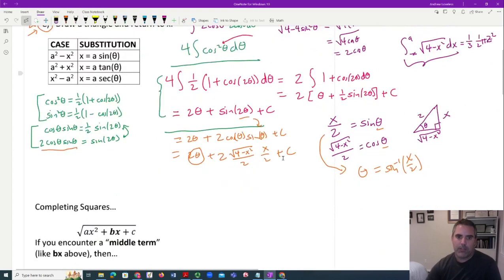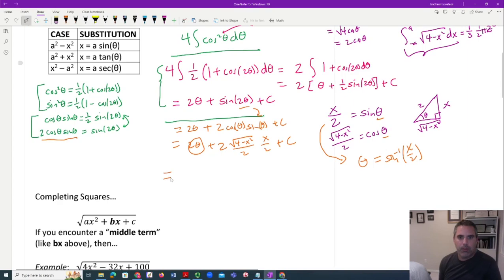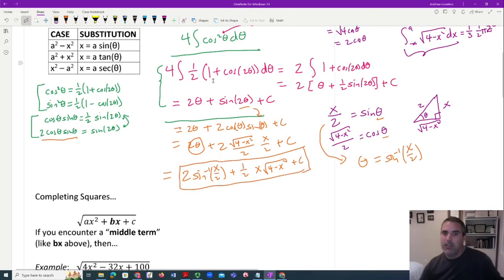But typically the way this is written is 2 inverse sine x over 2 plus 1/2, because these 2's cancel, you still have a half, of x times the square root. We usually write the x first because otherwise it's in danger of falling under the square root. That's how you integrate a half circle. That's how you do areas under a half circle.